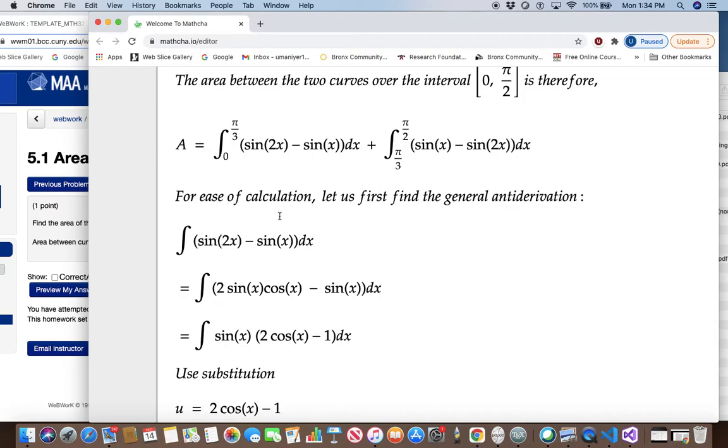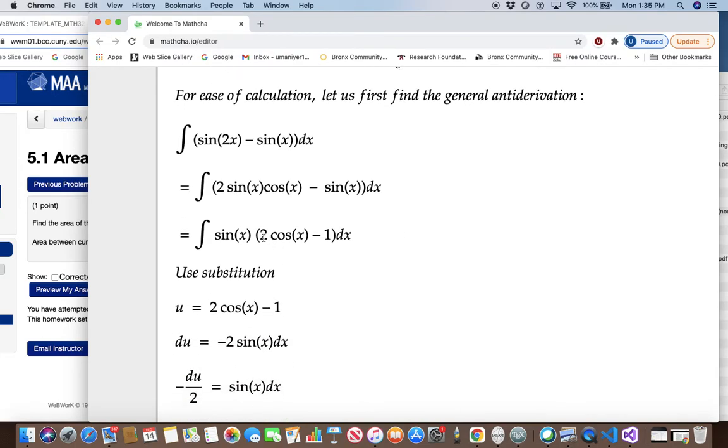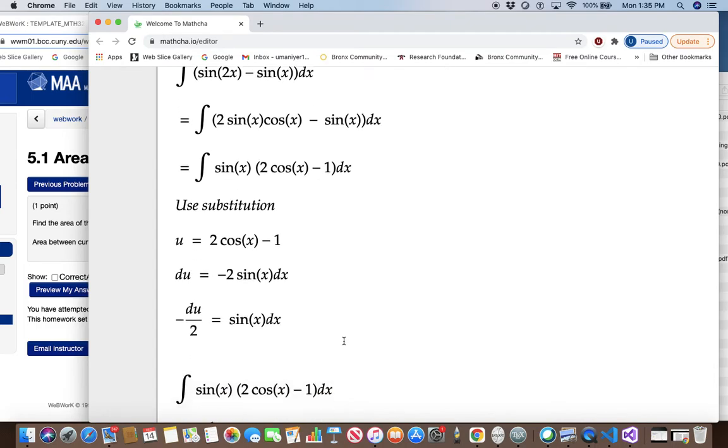So let's understand this particular integral, sine 2x minus sine x. Sine 2x is 2 sine x cosine x, and sine x is sine x. Take sine x out, and you get sine x times 2 cosine x minus 1 dx. Now you may use substitution. Set u equals 2 cosine x minus 1. Then the differential du is negative 2 sine x dx.